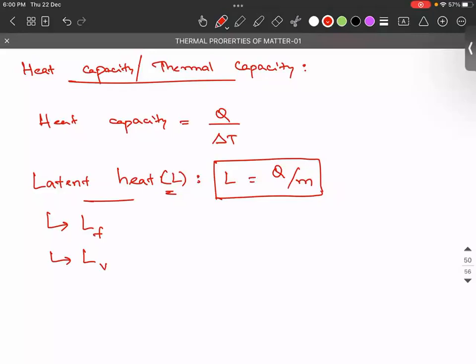Then what is latent heat of vaporization? The amount of heat required to convert unit mass of water to its vapor state. So those values you need not remember, they'll give it in the question. Okay.